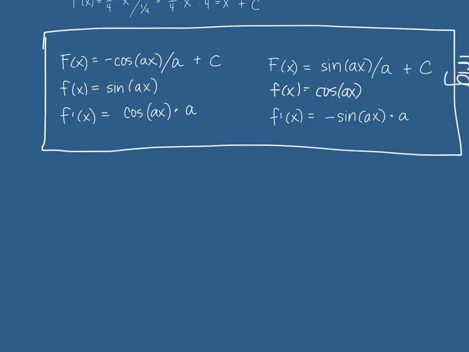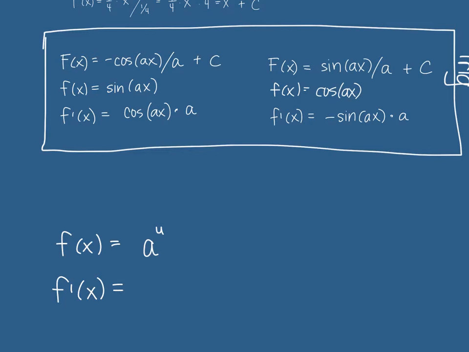All right, we talked about exponentials. Okay, so f of x being an exponential. So an exponential would be like a to the u. Okay, well, we learned the derivative of this.